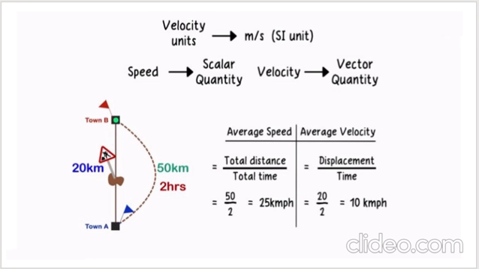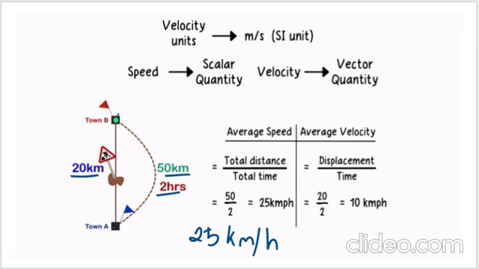Now, as I had said, from town A to town B, the displacement is 20, distance is 50 kilometers. Now, what was average speed? Total distance by total time. Total distance was 50, time was 2 hours given to us. So I can say 50 by 2, that is 25 kilometers per hour is the average speed. Now what is average velocity?